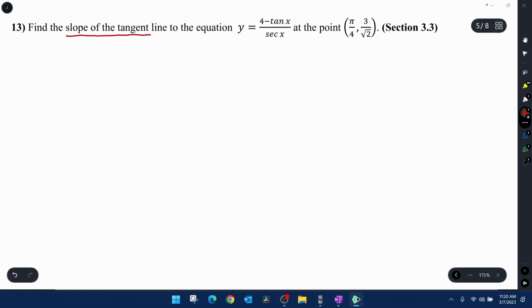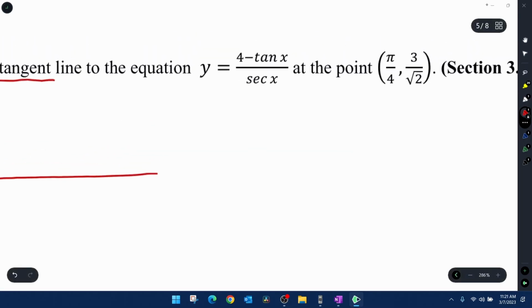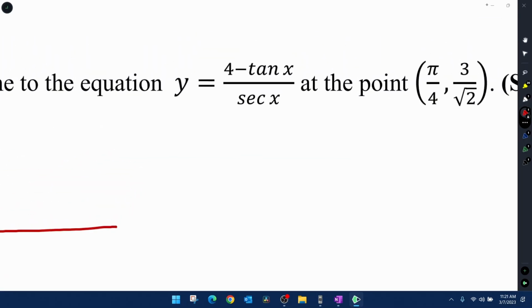Next, find the slope of the tangent. Does that mean I need to take the derivative? Did you notice that my function is a rational function? And that means we're going to have to use the quotient rule. Here we go. Using the quotient rule. The derivative of the top. The derivative of the constant goes to 0.